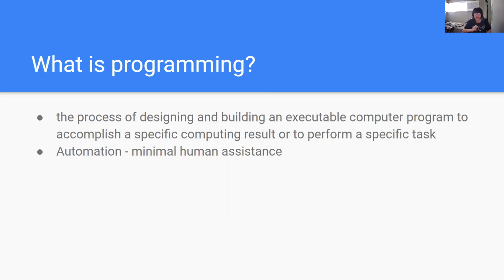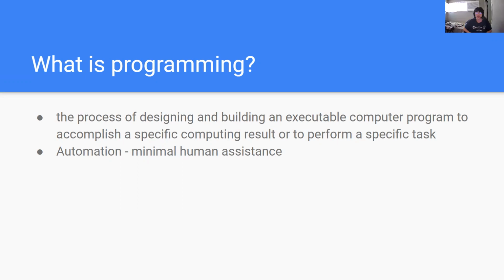Now, one of the most important concepts to note in programming is the concept of automation. Automation is automating a certain task, or making it do it by itself with minimal human assistance. So what that means is, if I want to use a calculator, for example, a calculator is the automation of human thinking of arithmetic operations.